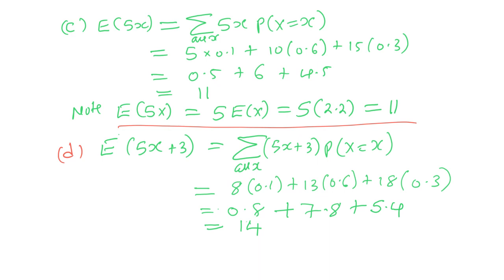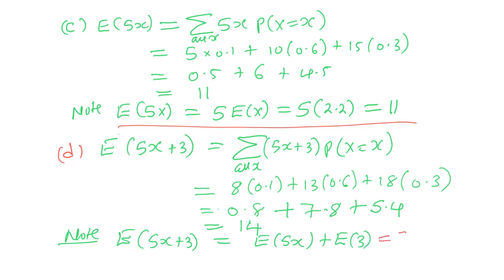Now, we can also try to note something here. So note that E of 5x plus 3 will be the same thing as E of 5x plus E of 3. But we have discovered that E of 5x is 5 times E of x, and E of 3 is 3. So we have also discovered the E of 5x as 11.